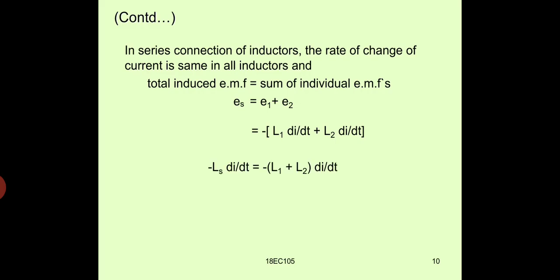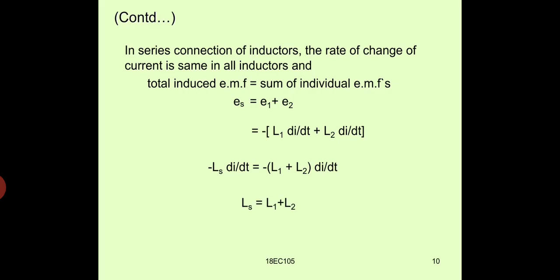So ES, the total, is E1 plus E2, and that is equal to minus L1 di by dt minus L2 di by dt. So it will be minus L di by dt equal to minus (L1 plus L2) di by dt. Minus and minus cancel out, so di by dt also cancels out.